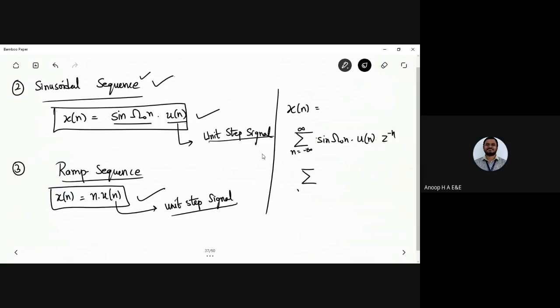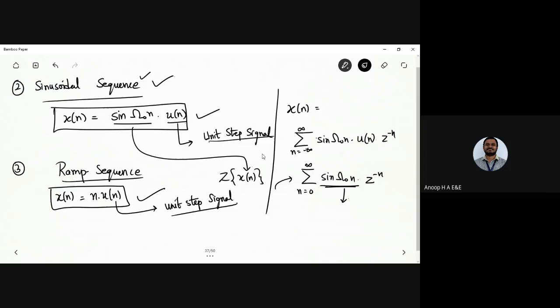So the sum would be n equals 0 to infinity of sine of omega naught n into z power minus n. You can express it in terms of e power, using the exponential representation of a sine function, and write it like this. That is the hint for the z transform of x of n, where x of n is a sinusoidal sequence.